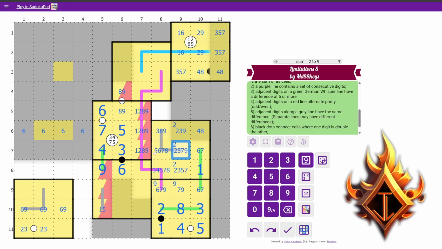This way, 2, 6 doesn't work, 5, 6 doesn't work, 7, 6 doesn't work, 9, 6, 3. Alright, look, if this has 6 on it, it has 9 on it, which means that 6 or 9 could not go here. So this does not have 6 on it.